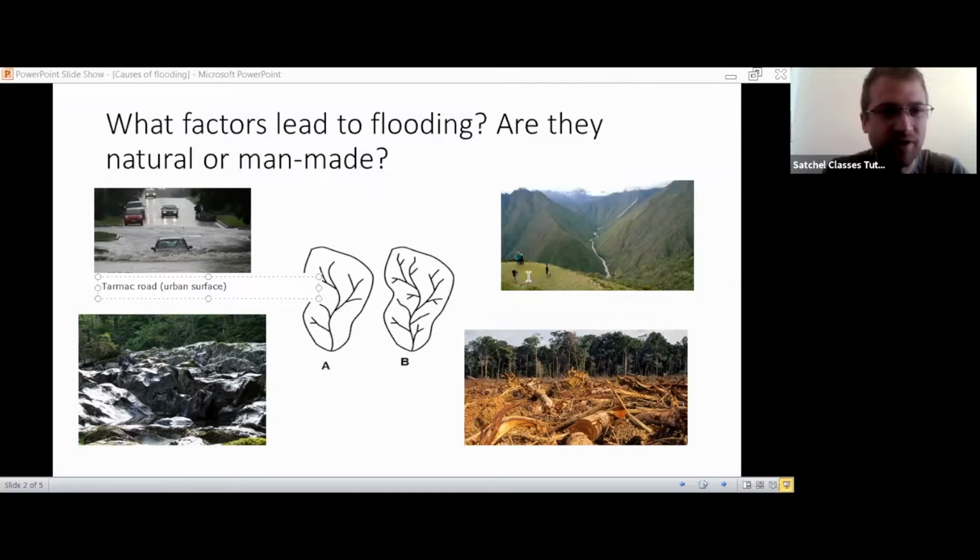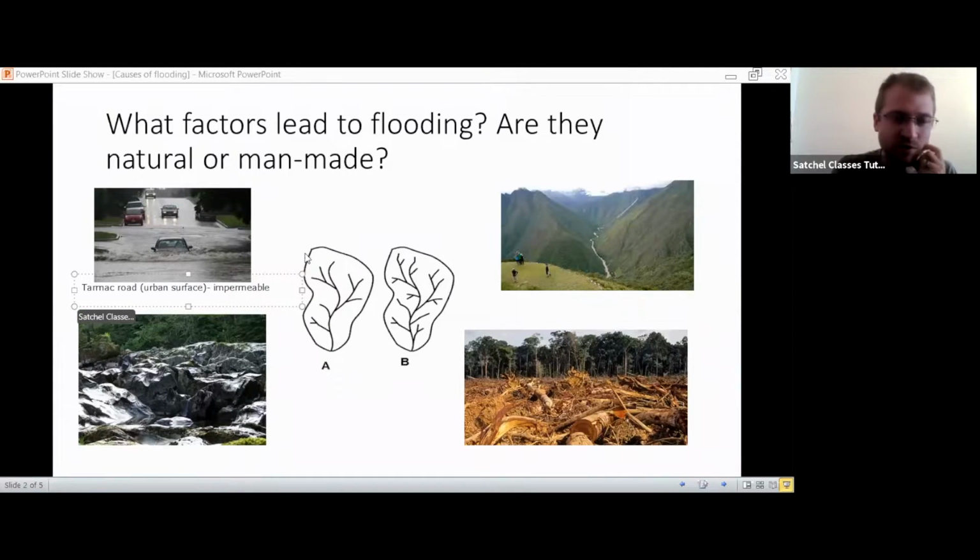These urban surfaces are basically impermeable materials, which means they don't let water through. So they won't let any water through, which means it will collect. Now, the bigger a town is, the more of that material there'll be. So the more water collects and it doesn't store in the ground. So it's going to rush into that river and create that flood event.